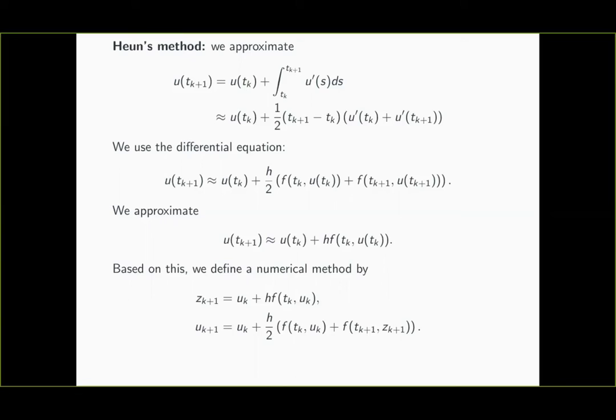In other words, I first apply the explicit Euler method. Now, that value, zk plus 1, is an approximation of u at time tk plus 1, and I put this into the trapezoidal rule. And then I define uk plus 1 equal uk plus h over 2 multiplied with f tk, uk plus f tk plus 1, zk plus 1. Each iteration step of Heun's method consists of 2 straightforward computations, and then uk plus 1 is my approximation of u at time tk plus 1.